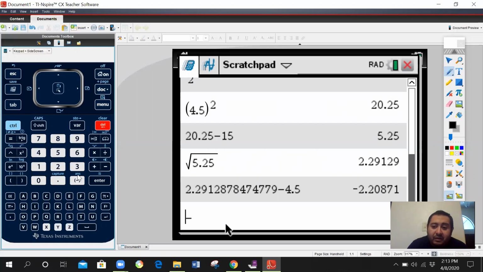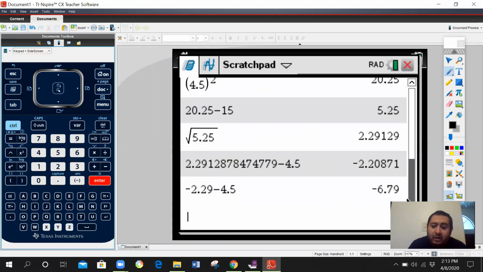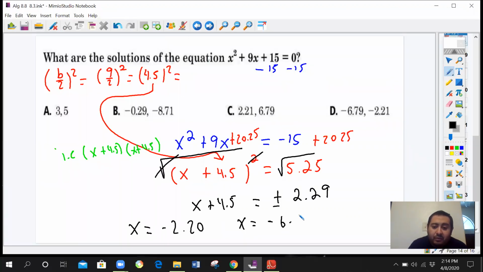If we had negative 2.29 minus the 4.5, we get negative 6.79. So technically we had two negative numbers.